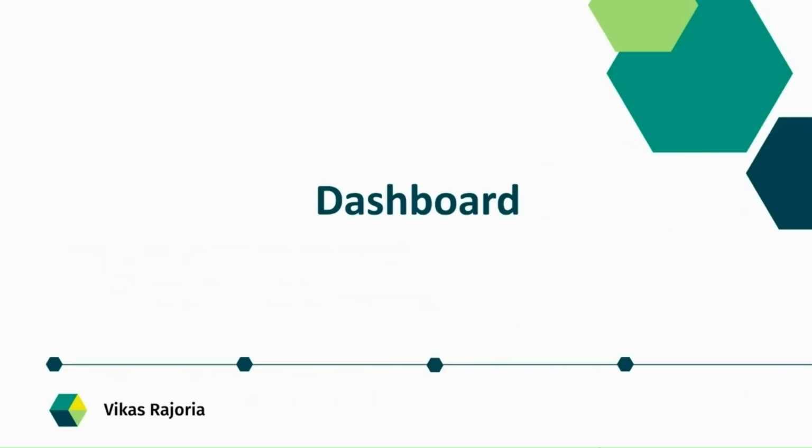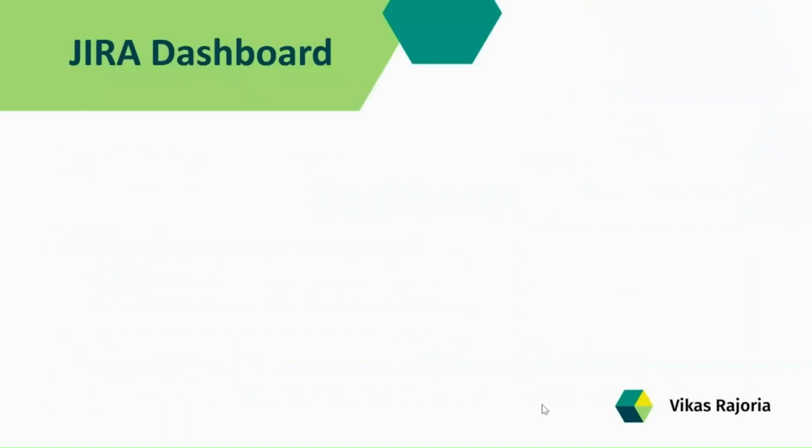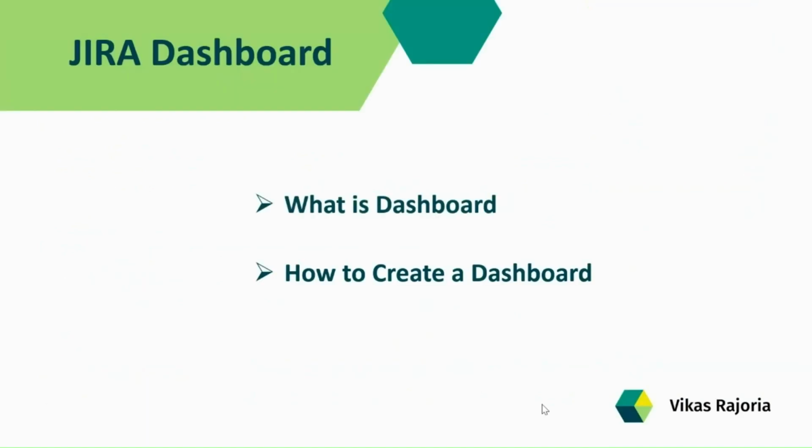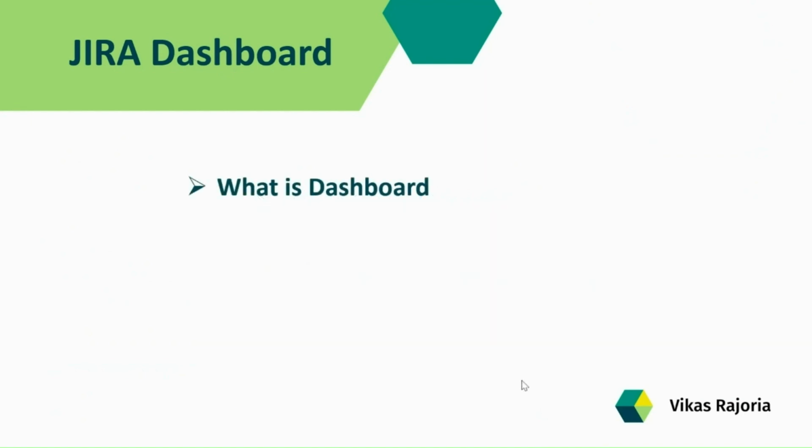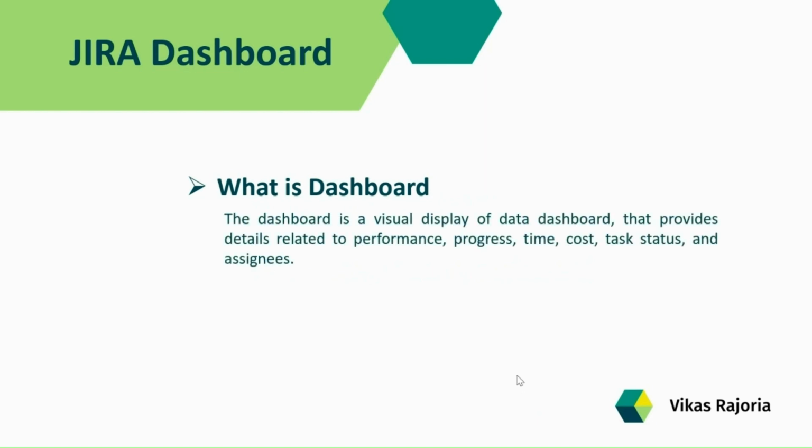Our next topic is dashboard. Now we will see what a dashboard is and how to create a dashboard in the JIRA tool. So let's first understand what a dashboard is. A dashboard is a visual display of all your data.